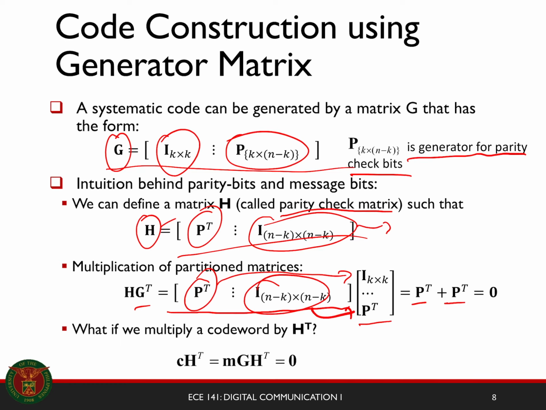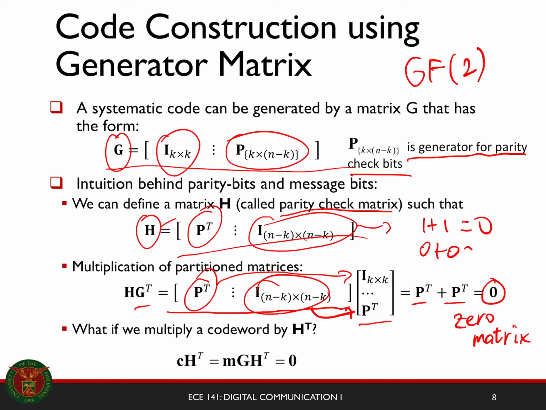If you add them together, you get the 0 matrix. Recall that 1 plus 1 is 0 in the Galois field 2 that we defined in the previous lecture, and 0 plus 0 is 0. So adding a number to itself in the Galois field gives 0.